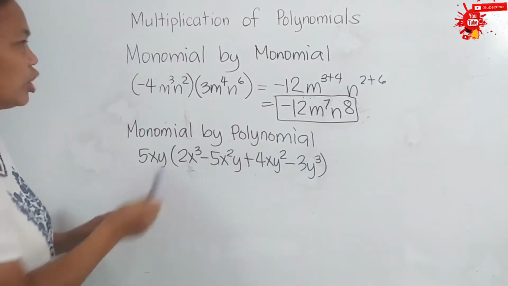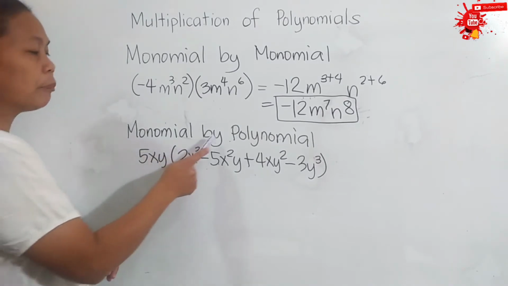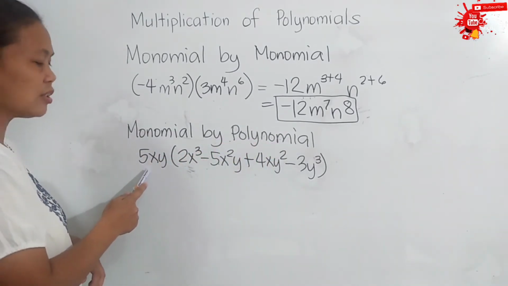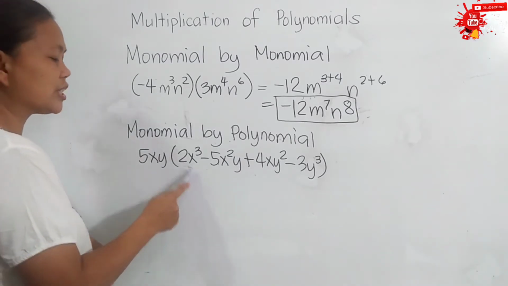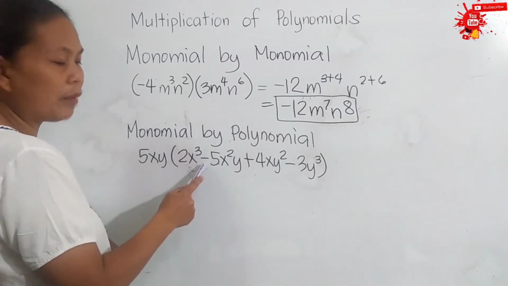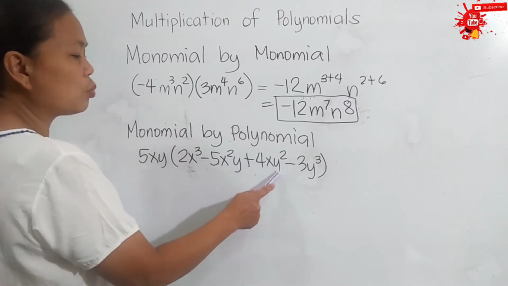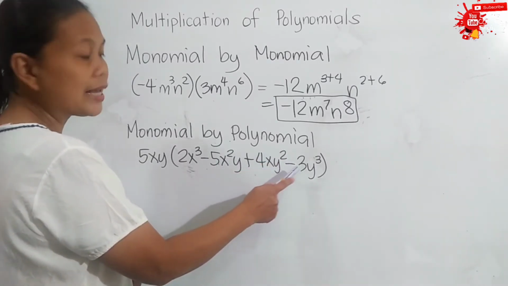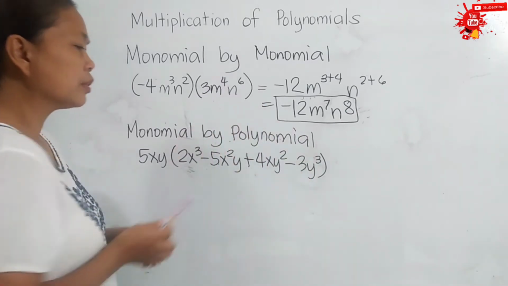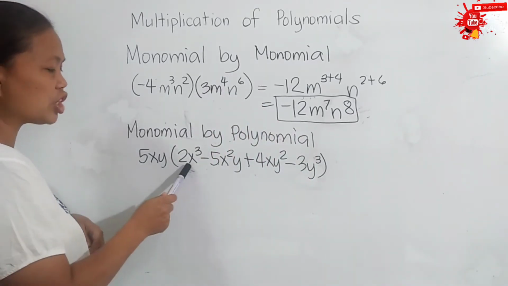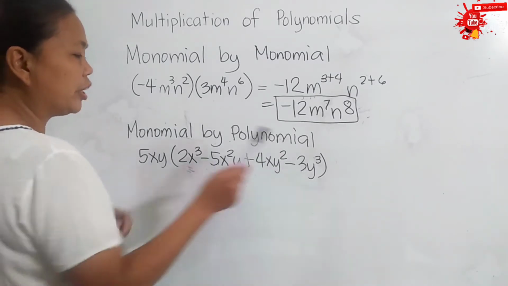Now, let us have multiplication of monomial by polynomial. We have the monomial 5xy and the polynomial, which is 2x cubed minus 5x squared y plus 4xy squared minus 3y cubed. It means that we will multiply 5xy to each term of the polynomial.